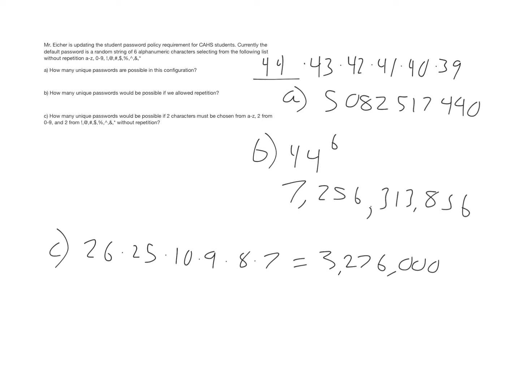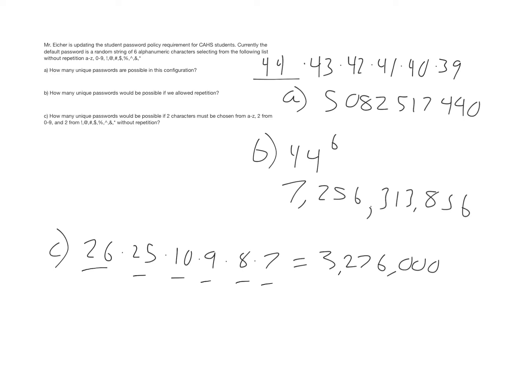So instead of dividing out as we did in the previous problem, where we say it doesn't matter what order I list these things in, now it really matters. And so I have to think about how many more ways I could re-scramble this. If I think about it, I've got 6 slots here. So how many more ways could I rearrange those 6 slots?